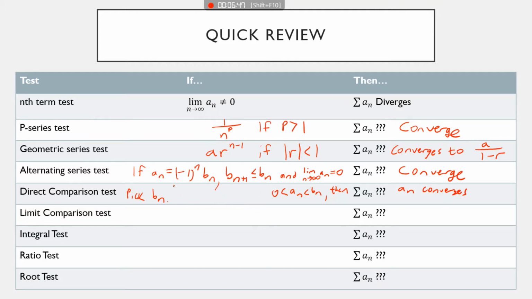Okay, I'm going to write another one for this. So that was if b to the n converges. And then also, if b to the n diverges, and what else should I write here?